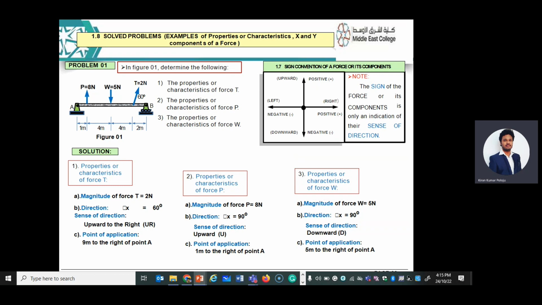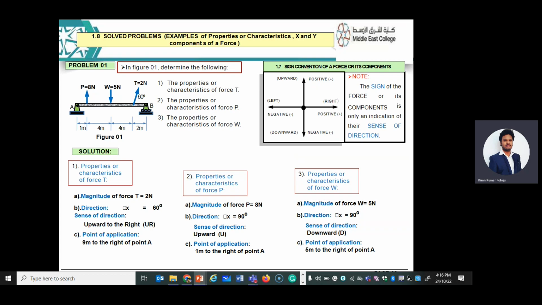And what is the direction? Upward. And the point of application is 1 meter from the end. And coming to the force W, the direction is downward and 90 degrees, and the magnitude is given as 5 newtons.